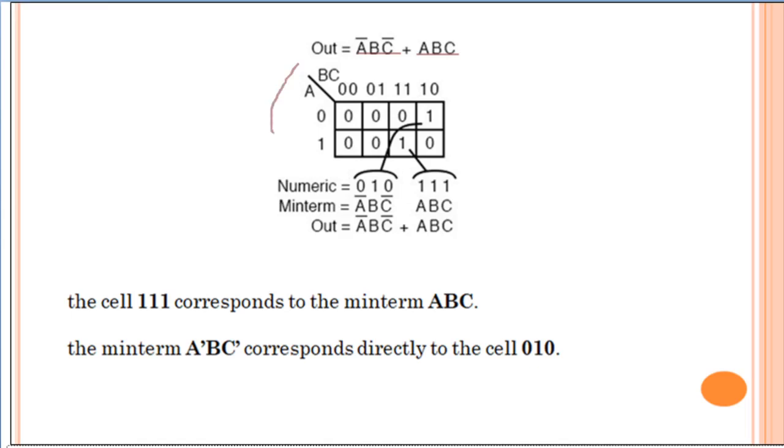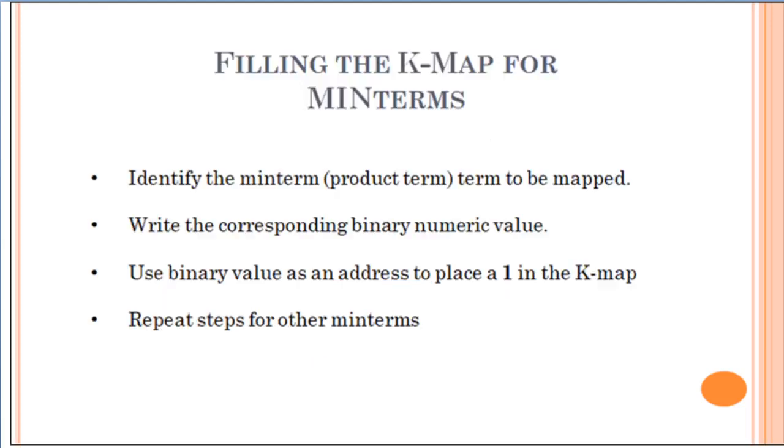This is the corresponding K-map for that particular function of the three variables A B C. Firstly, we have to identify the min term, write the corresponding binary numeric value, and use the binary value as an address to place the 1 in the particular K-map.